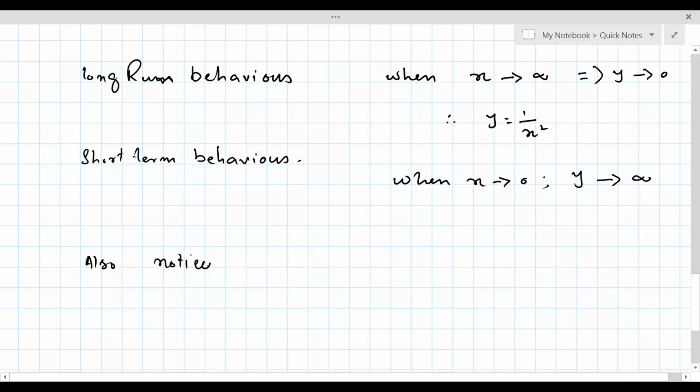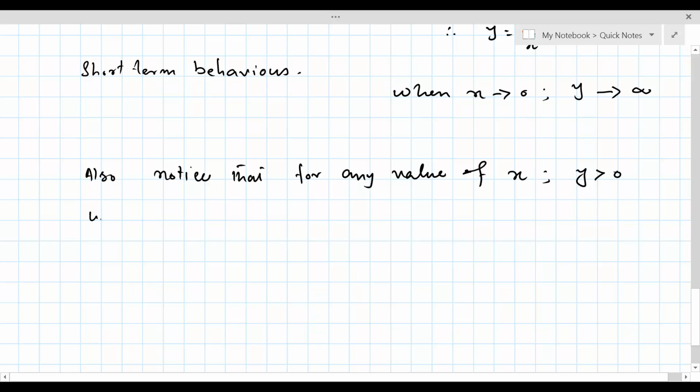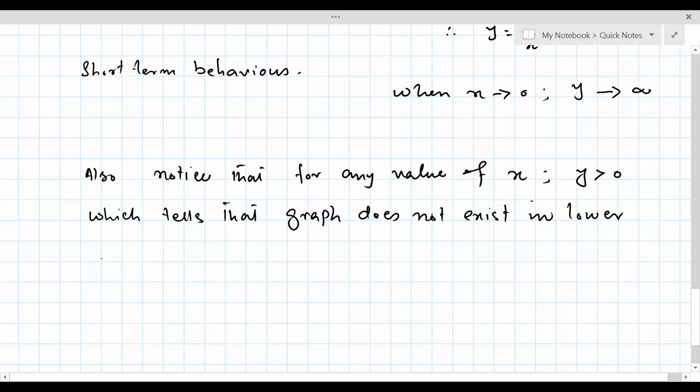Notice that for any value of x, y is always greater than 0, which tells us that the graph does not exist in the lower half of the plane.